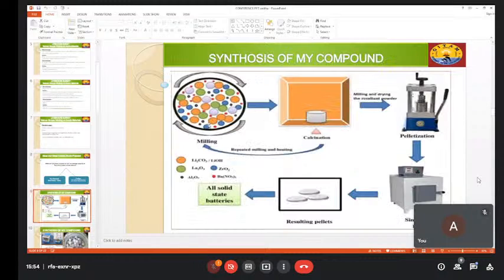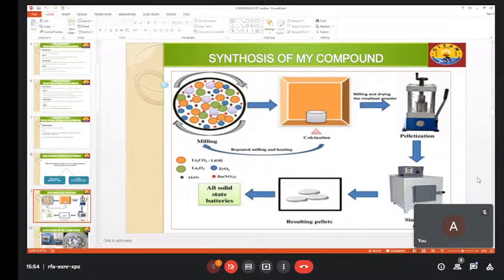This is the synthesis of my compound by the ball milling technique. Inside the instrument there are iron balls running at 250 RPM.